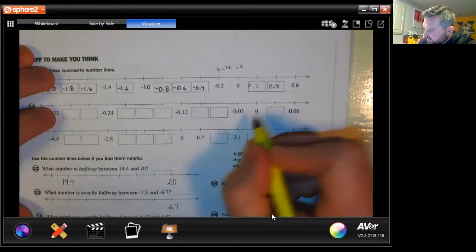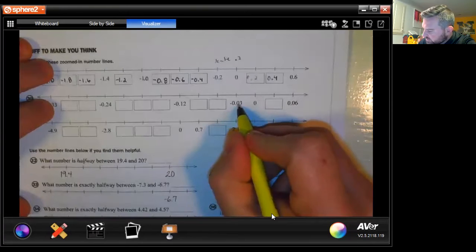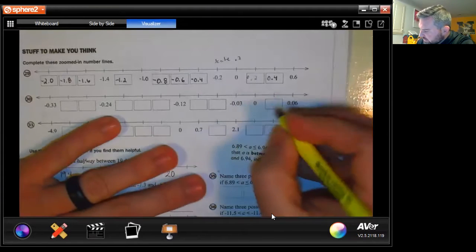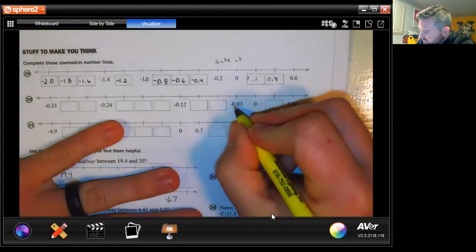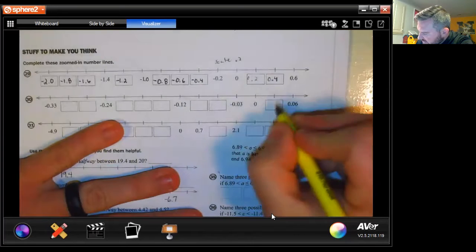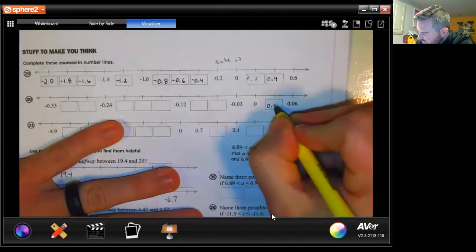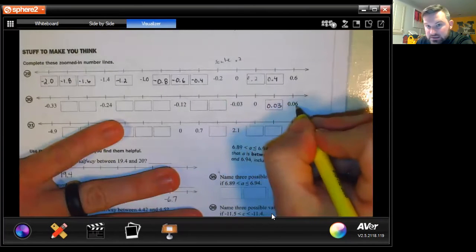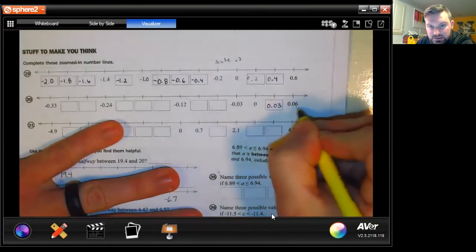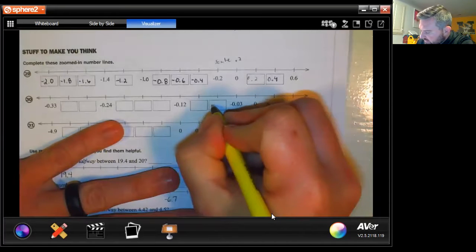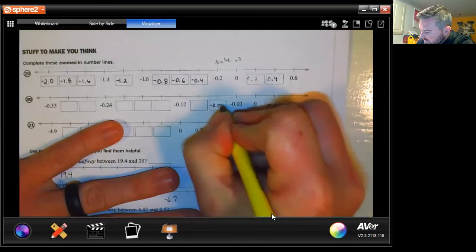Here we've got 0.03 as our scale. So negative 0.03, 0, and then on the other side we have 0.03, and then 6. So 3, 6. So here you have negative 0.06.